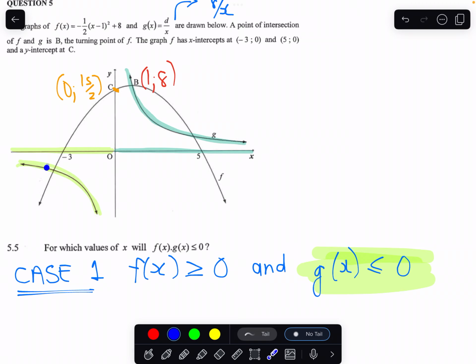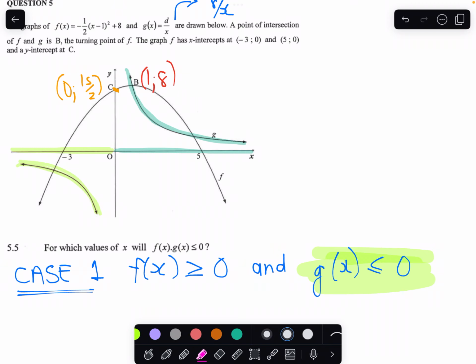So we don't want this piece of the function, because if I take this point, this output, and I multiply with this output, I'm going to get a positive number, which is not what we want. We want a product that's going to be negative. So we don't care about this piece of the function, we care about this part, because here f of x is giving us positive values and g of x is giving us negative values, so that works.